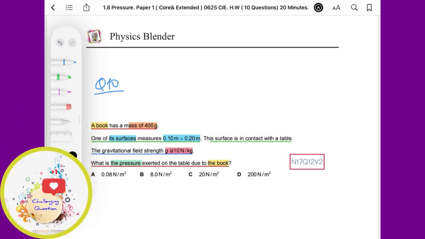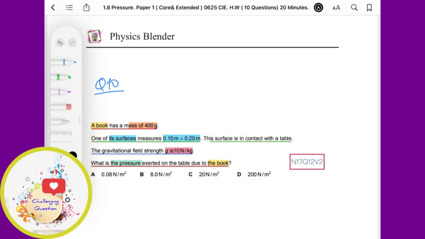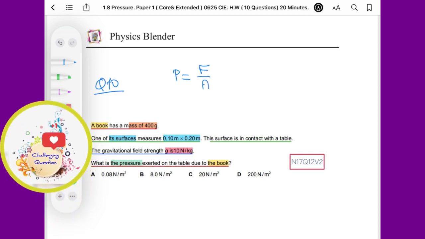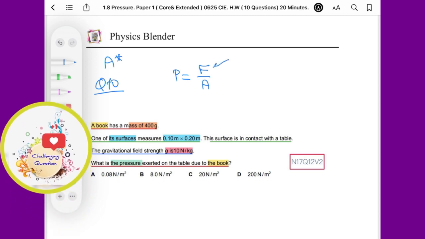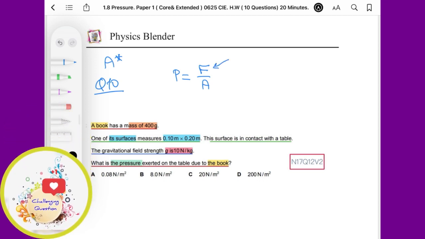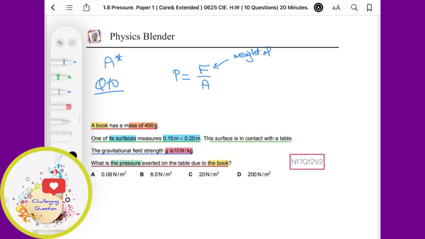What is the pressure exerted on the table due to the book? Back to our equation, pressure is equal to force divided by area. This question is challenging. Okay. The force here, the exerted force here, is the weight of the book, which is not given.